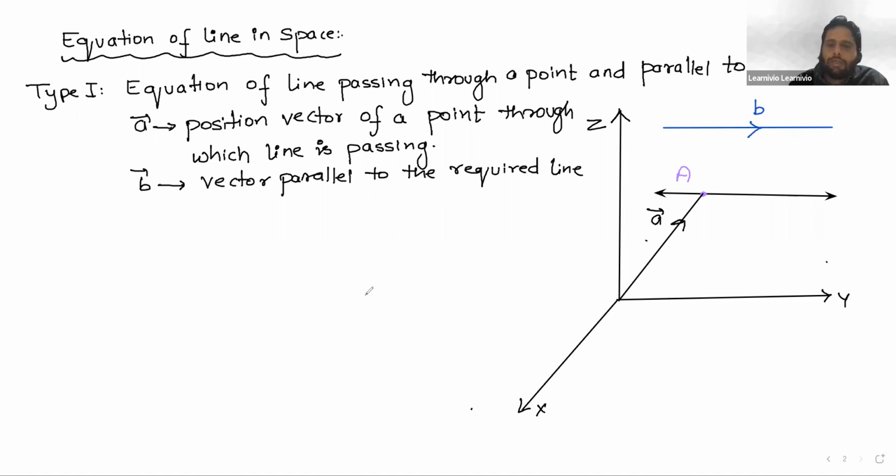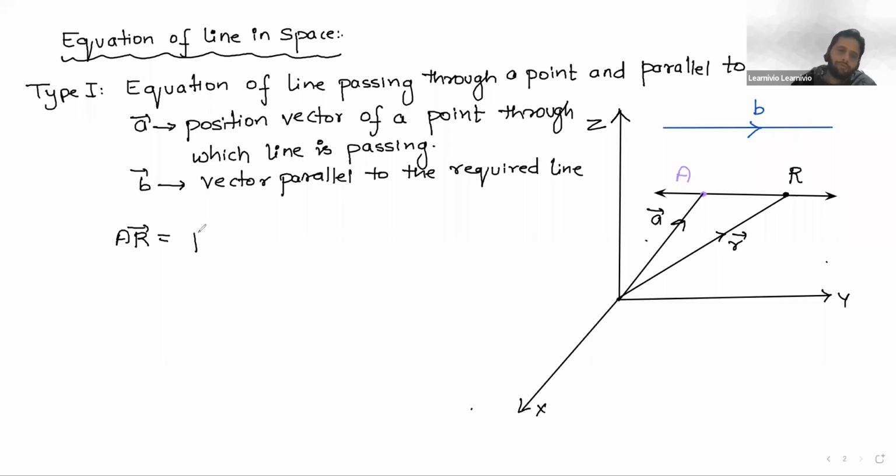Now we will take any arbitrary point R here, and its position vector is r. This is the same one, x i cap, y j cap, z k cap. Now, Fahad, if we need to find AR, can you tell me what will be the formula? In vector, we have already done this. What is AR?